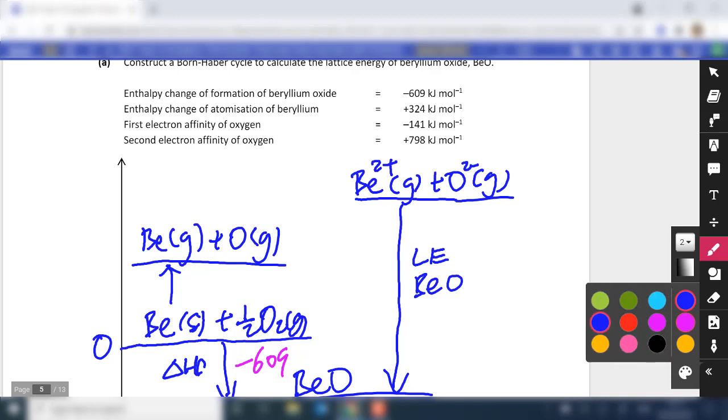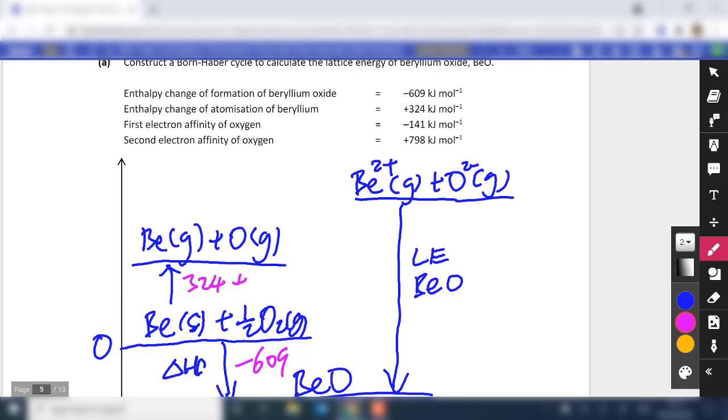So we will expect this to be 324 plus 496 divided by 2. Over here we define the enthalpy change of atomization for beryllium, as well as half the bond energy of oxygen.